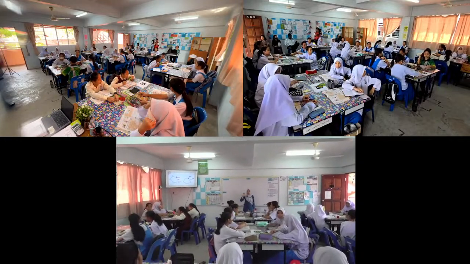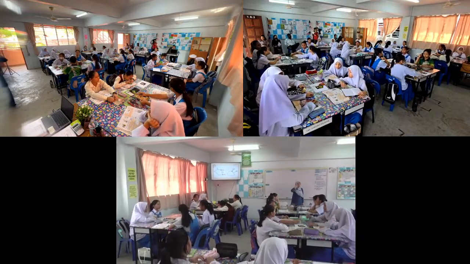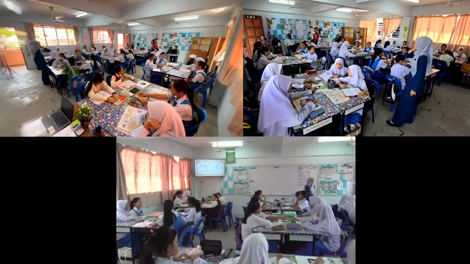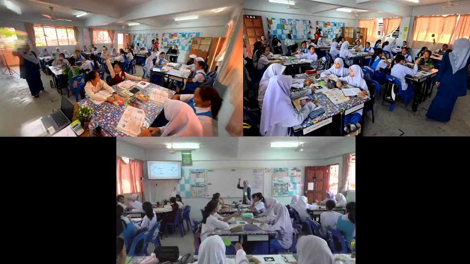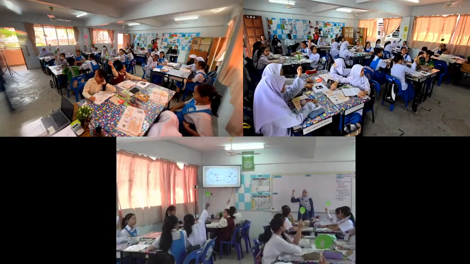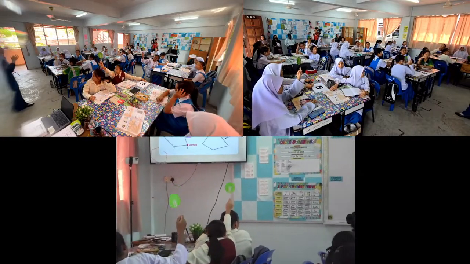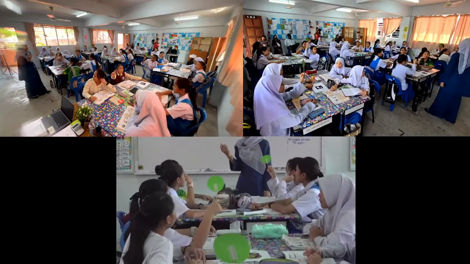When I reach 5, you put up your traffic light, whether you understand or not. Alright, 1, 2, 3, 4, 5. Put your traffic light up. Alright, good. So everyone understands about vertices, diagonal and side. Everyone is confident you understand these 3 important terms? Yes. Alright, good. Put down.